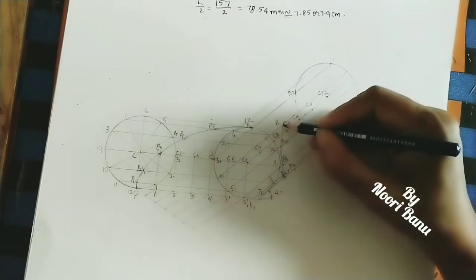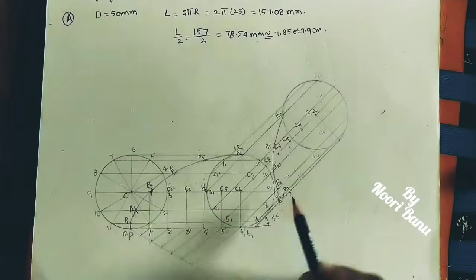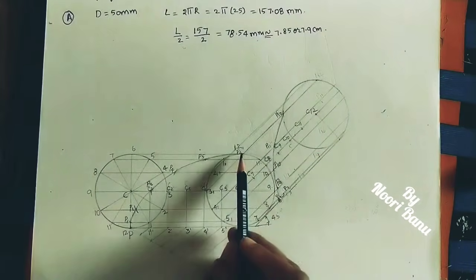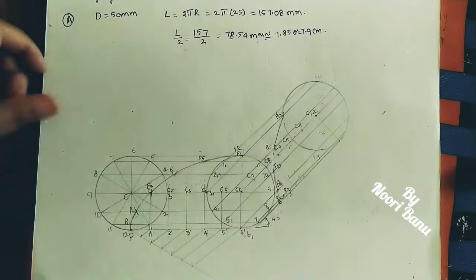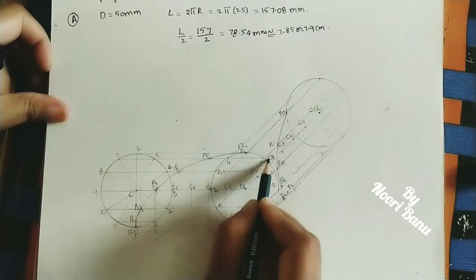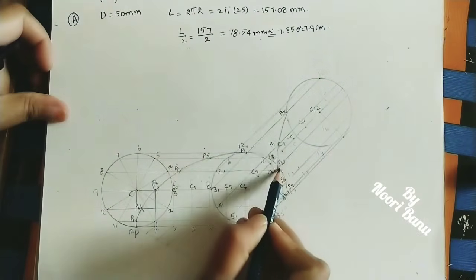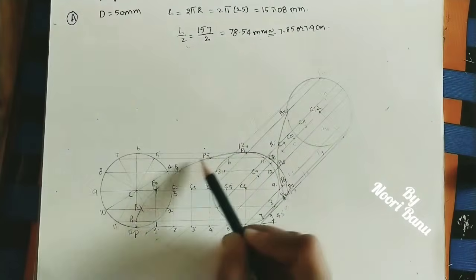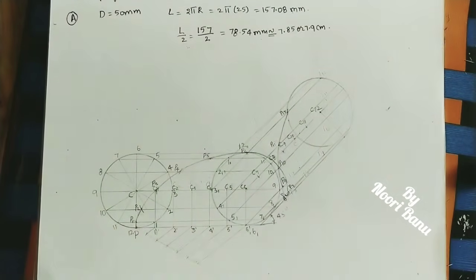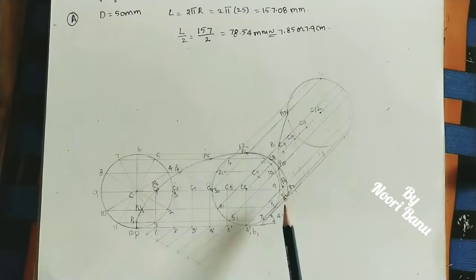P10 to P11. Then P12. Now after getting this curve, join here P6 to P7. The curve is coming like this. So this curve is called a cycloid.